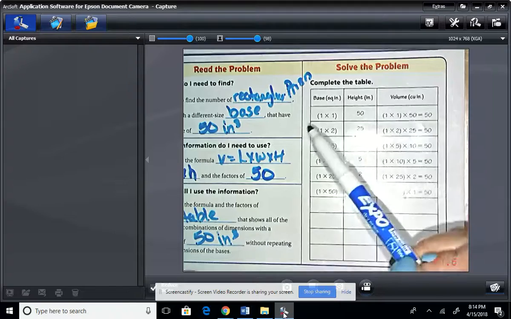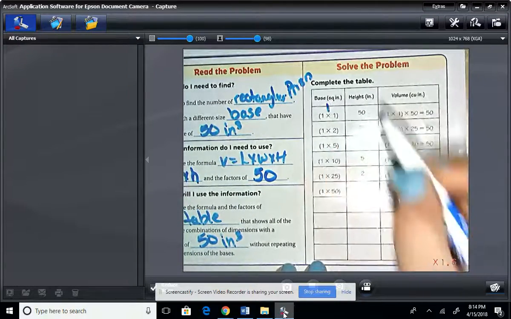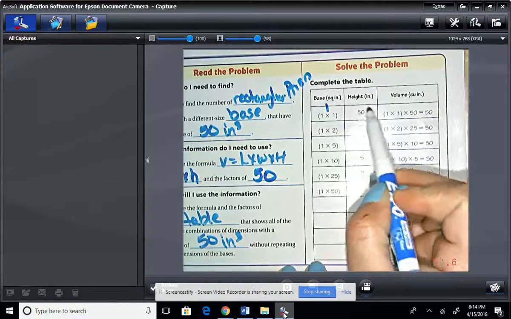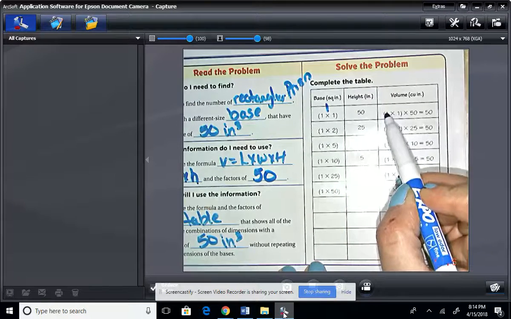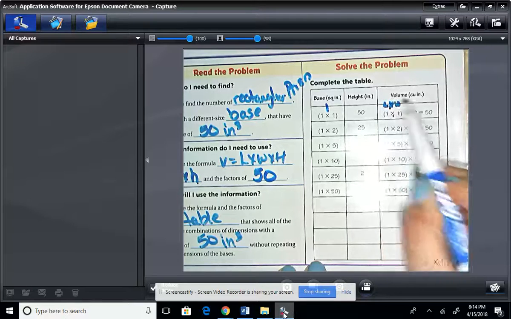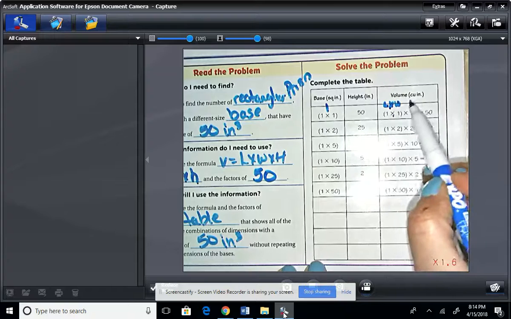I know that I can do a 1 by 1, and 1 times 1 is 1. So 1 times 1 times what equals 50? Well, 1 times 50. So my length and my width is 1, and my height is 50.